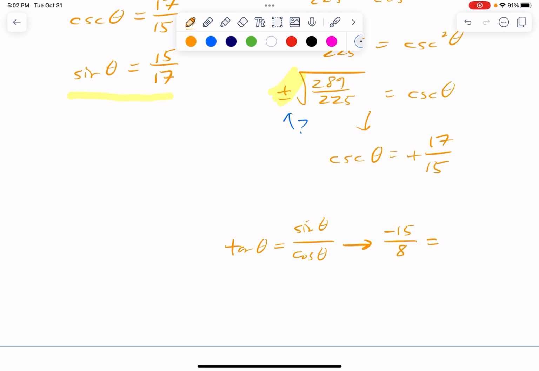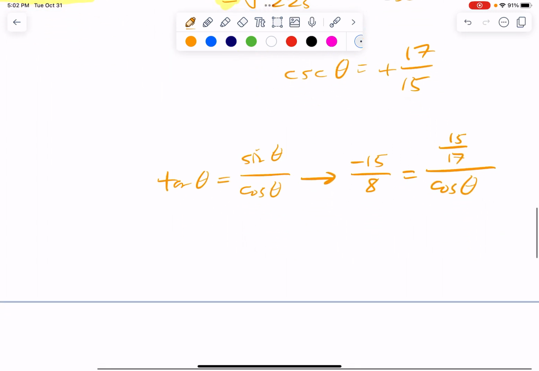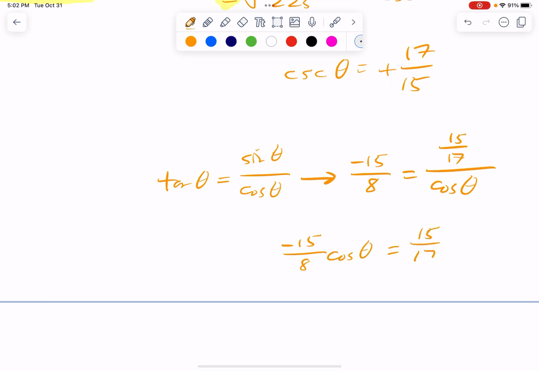And we know that sine of theta is 15 over 17. So what could I do? I could multiply each side by cosine of theta to get that negative 15/8 cosine of theta equals 15 over 17.